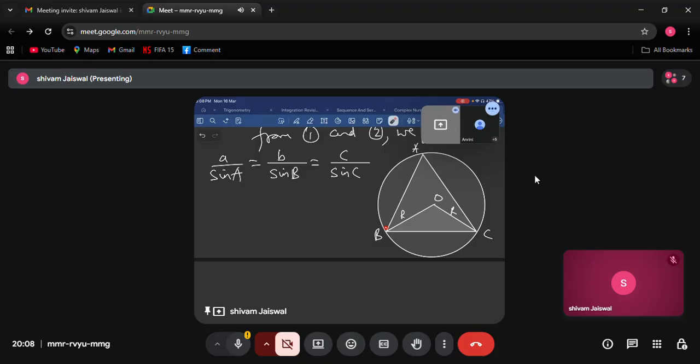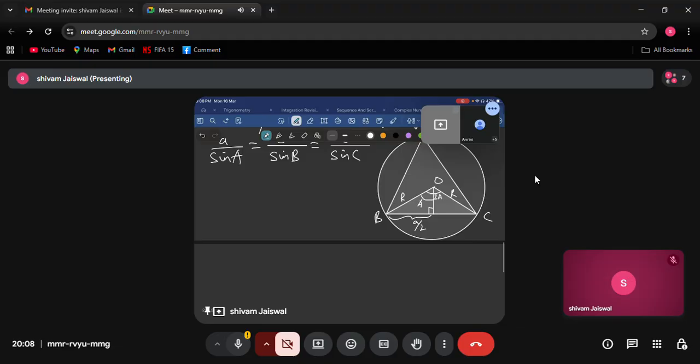If this is angle A, what is angle BOC? It is 2A. From here, if I drop a perpendicular, it will bisect angle O also, since it is an isosceles triangle, and it is 90 degrees. So this angle is A, and BC by 2 is A by 2.